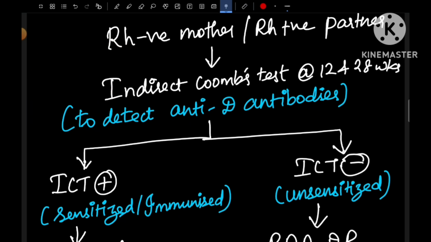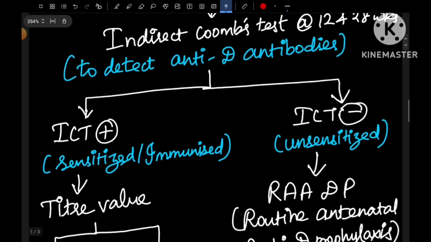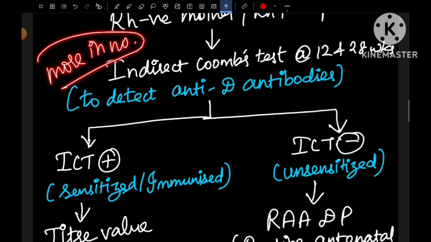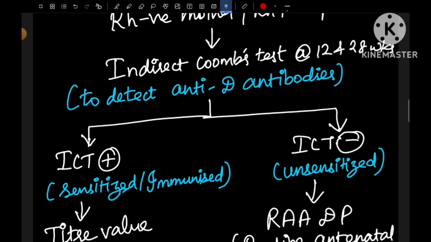But if these antibodies are more in number, then the mother cannot neutralize them. Then comes the problem. Okay, so this is the concept.